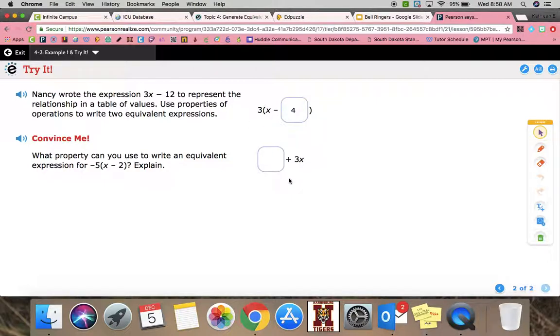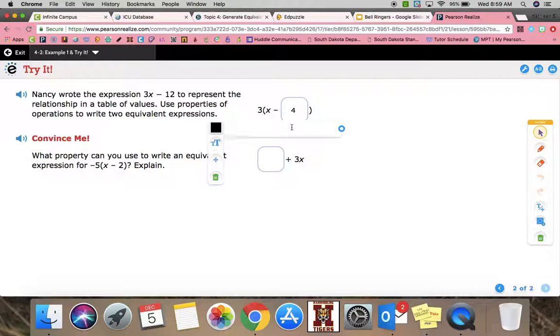Another way to write this, if you look here, you can see that that 3x is now at the back. So we can use which commutative property to rewrite that equation. If we took the 3x from the front and moved it to the back, that means we used the commutative property. We rearrange those two numbers and we still get the same equation.